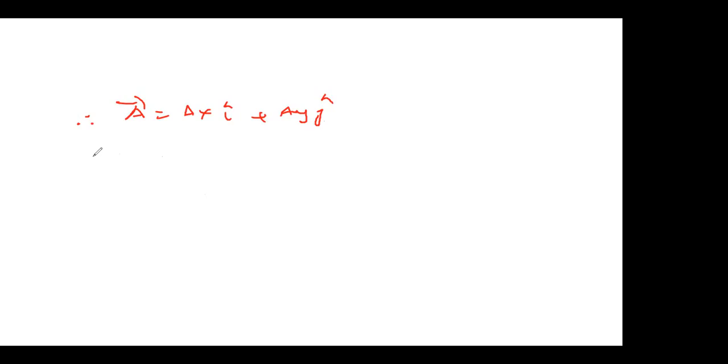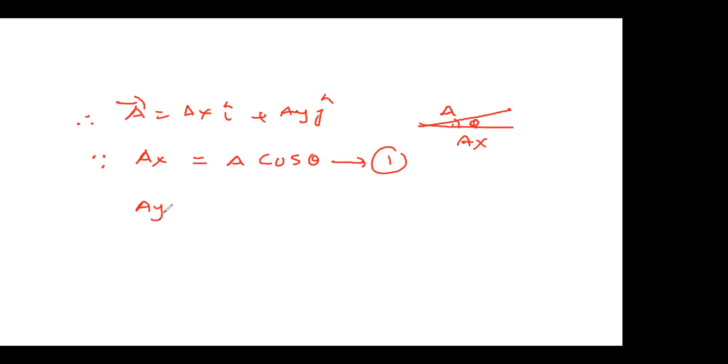Okay, just 2 minutes. A x was in magnitude A cos theta, or not? Because A is making angle theta with the x-axis, this component is A cos theta, correct? And can I say A y is A sin theta?